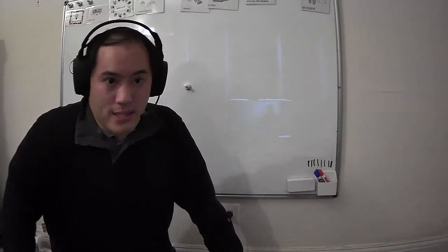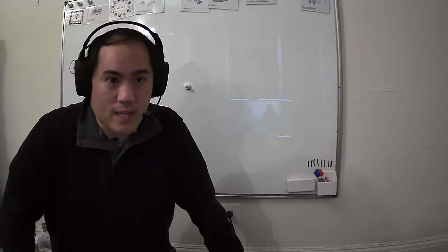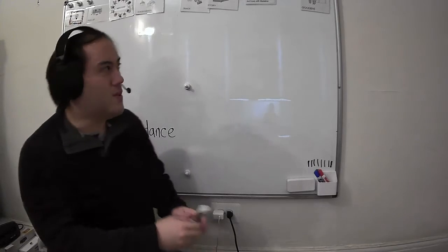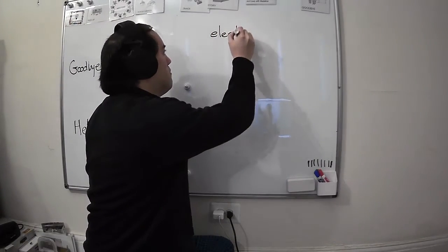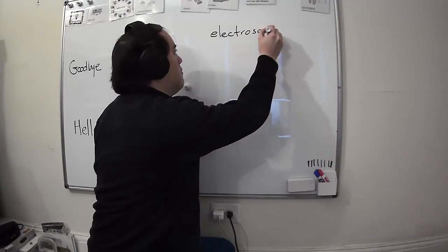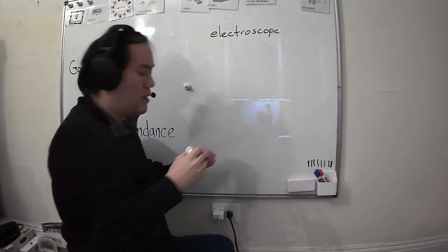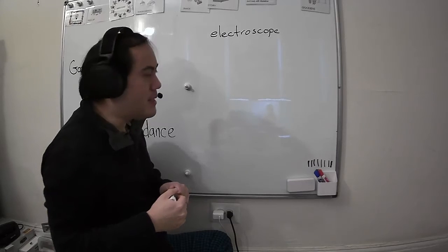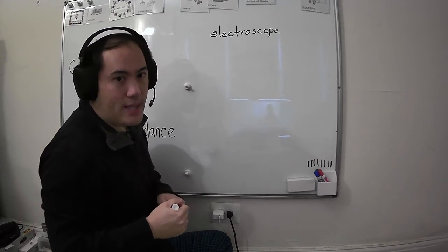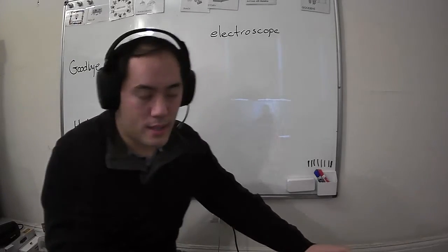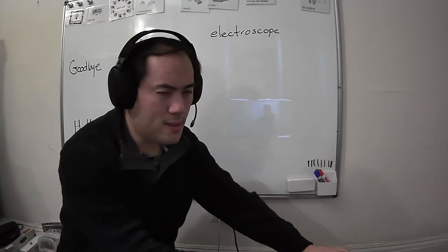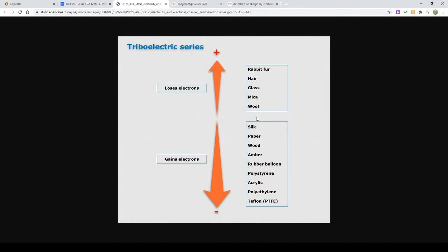If you want to tell if something's charged, you can use an electroscope. Pretty straightforward. Electroscope, it measures charge. There's two kinds, the leaf type and needle type. Here's the needle type.